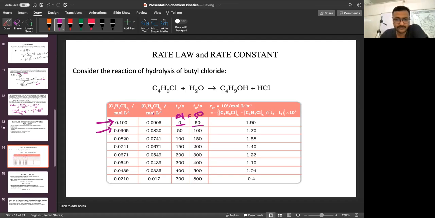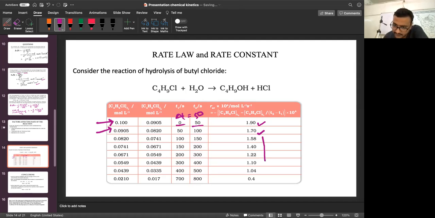Simultaneously, the concentration at T2. See, this is T1 and this is T2. Now we have taken T1 to be 50 and T2 to be 100. Initially T1 was 0, then 50, then 50, 100. We are taking the intervals of 50 seconds. Then they have found that the rate is 1.7, 1.9.